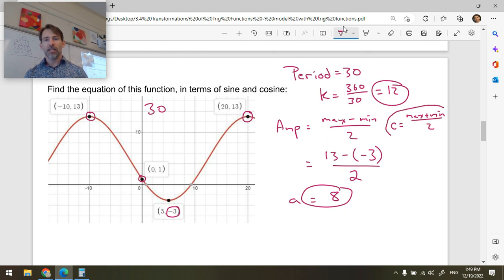This is your formula for finding C. That's going to be 13 minus 3, or plus minus 3, is 10. 10 divided by 2. C equals 5. We've got the 3 easy ones to find, K, A, and C.